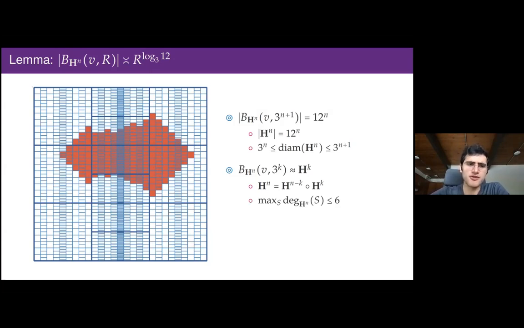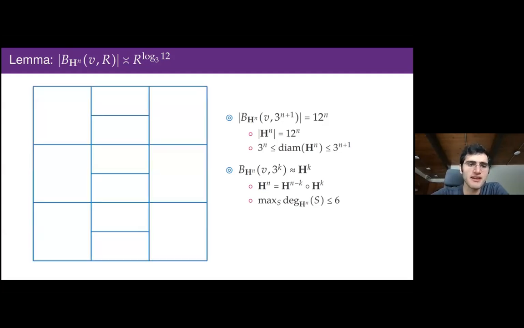More precisely, what you can prove is that the intersection of these balls with every column is just an interval, so they have no holes in them. And if you take the complement, you see a single connected component in the rest of the graph.